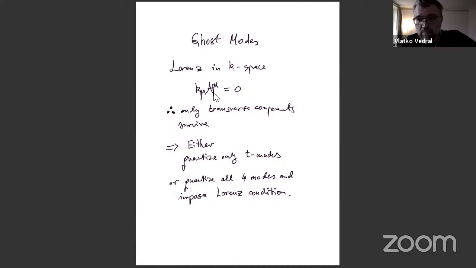Simply compute your amplitudes in all of these four modes, and then through imposing, as you said, the Lorentz gauge condition, you will actually realize that somehow the longitudinal and the scalar, the temporal modes, cancel each other out, because one has a positive probability, the other one has an equal but negative probability.